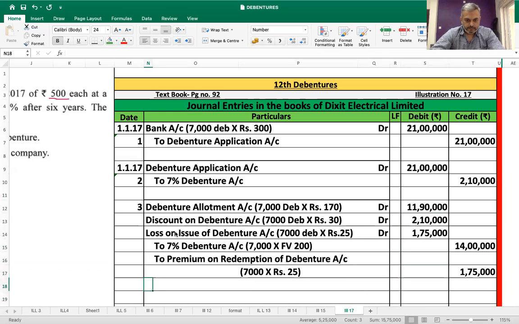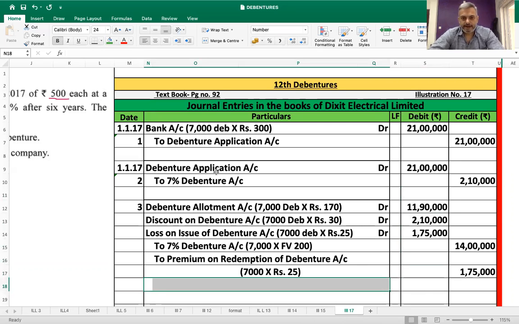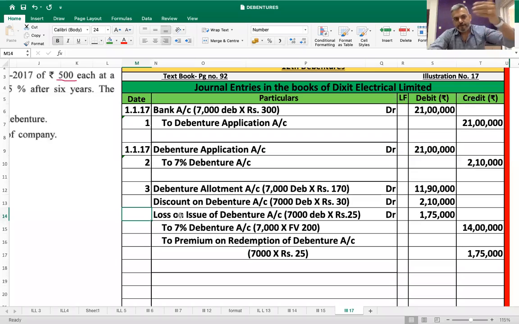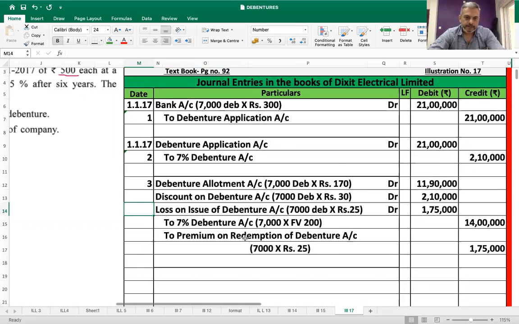Close this important entry. So all adjustments will be done at the time of allotment for discount, for loss and premium on redemption liability account. So this loss is our loss. This is our deferred revenue expense. It will be written off over a period of 6 years for this sum. And the premium on redemption of debenture is our liability account, that's why we credit it.